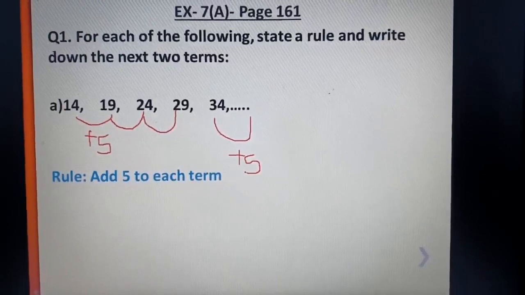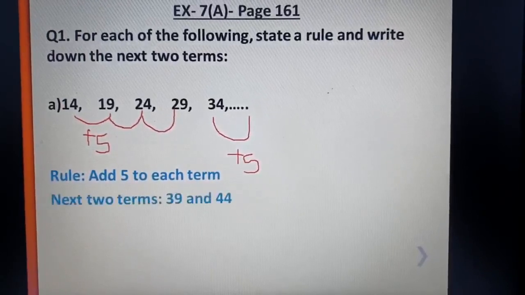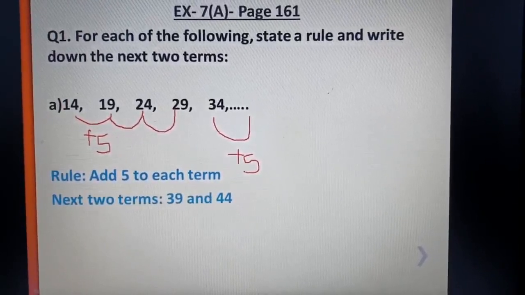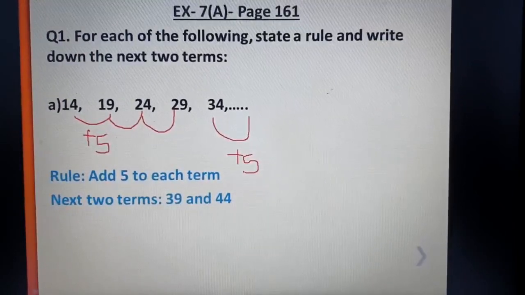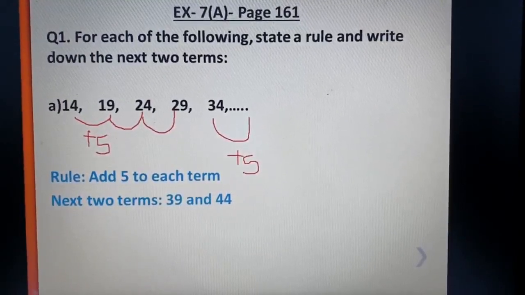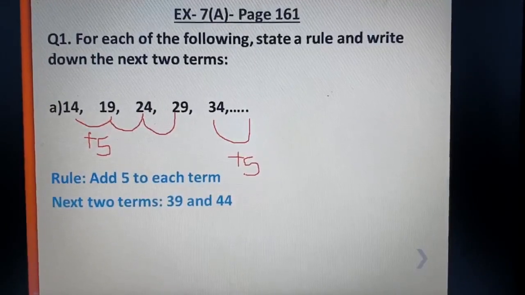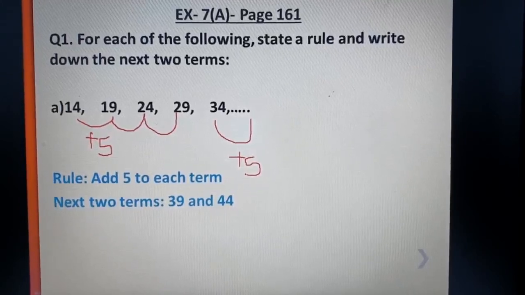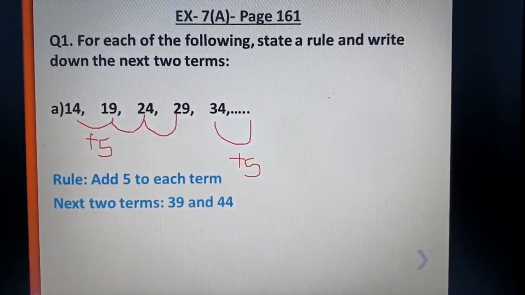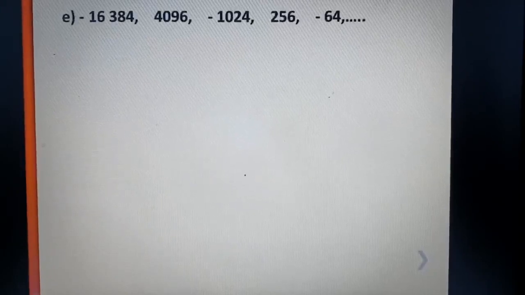Okay, so the next two terms are 39 and 44. Correct? So add 5 to each term is the rule for this particular sequence. Clear? Now we'll move on with the next question.